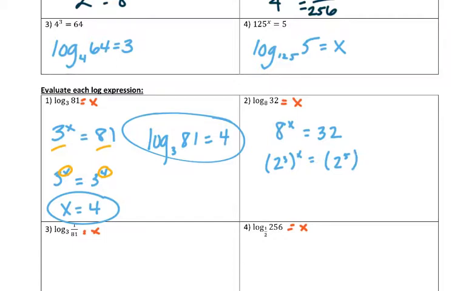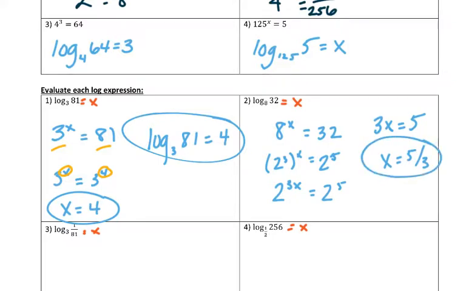Guess we didn't need parentheses there. 2 to the power of 3x equals 2 to the power of 5. Now you can set those exponents equal to each other. x is 5/3. So log base 8 of 32 is equal to 5/3.